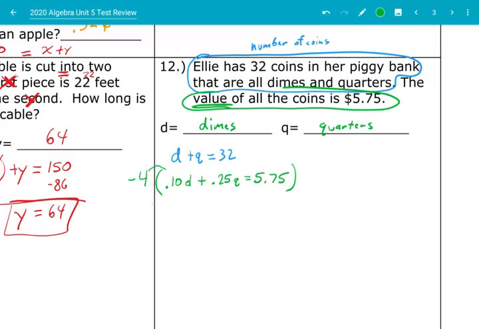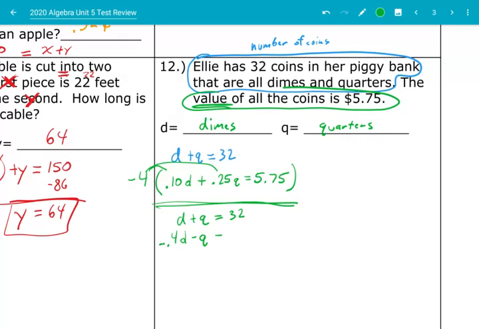I am going to rewrite this, and I'm going to stay in green just because I want to. So D plus Q equals 32. And then the bottom one is going to be 4 times 0.10. That's minus 0.4. I'll just leave the 0 off for now. Plus minus 4 times 0.25. That's 1Q. But it's negative, isn't it? So let's change that. Negative Q. There we go. Now I can eliminate that.